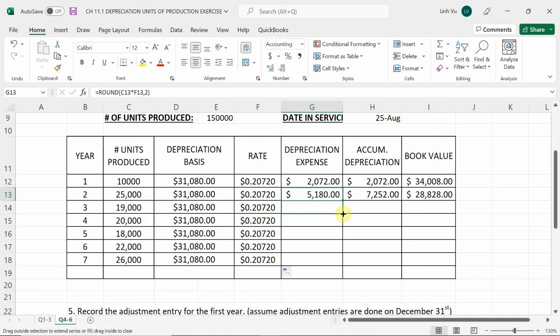If I drove 19,000 miles at 20.72 cents, what's my grand total depreciation expense for this 3rd year? Give me a second here. I'm transposing numbers here. No worries.